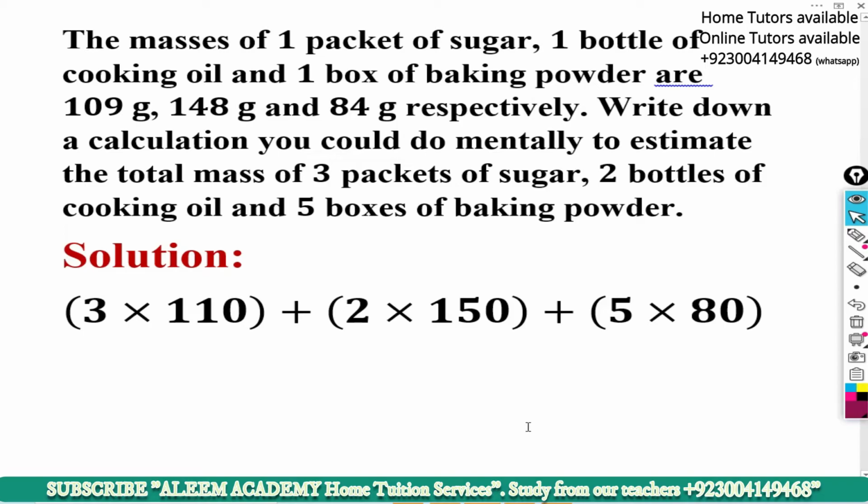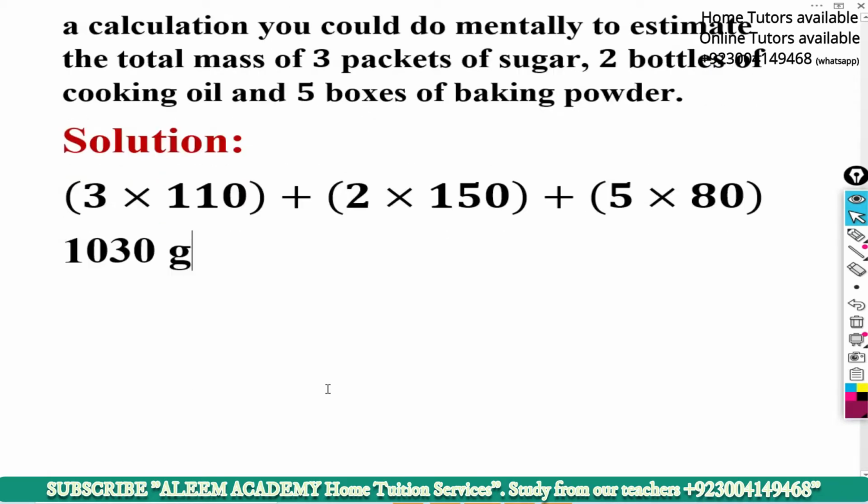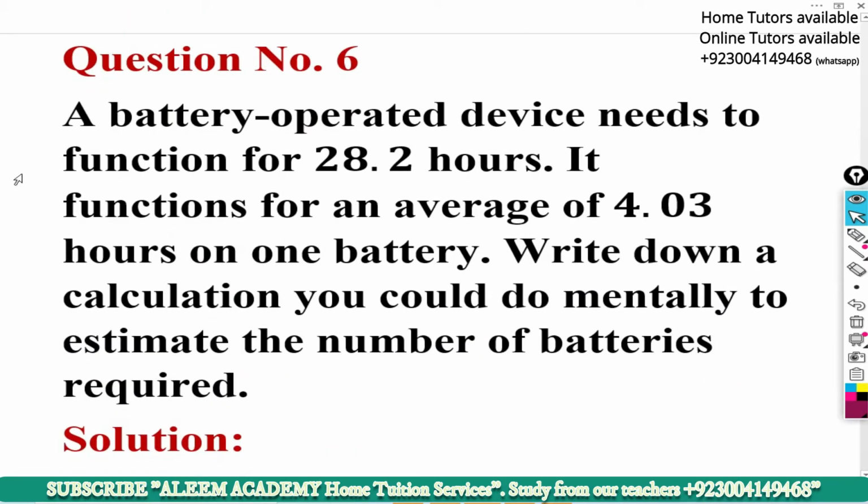Alright, and you can also write down the final answer for this. The final answer for this will be 1030, and the unit will be grams. Alright, so this is the calculation that you can do mentally, and these multiplications you have to do mentally. These are easy multiplications, and you should know how to multiply these bigger or smaller numbers. Next is question number 6.